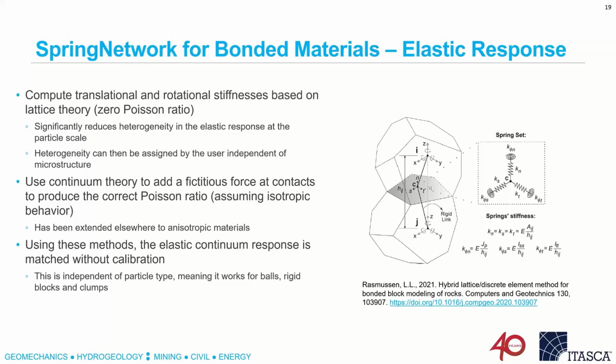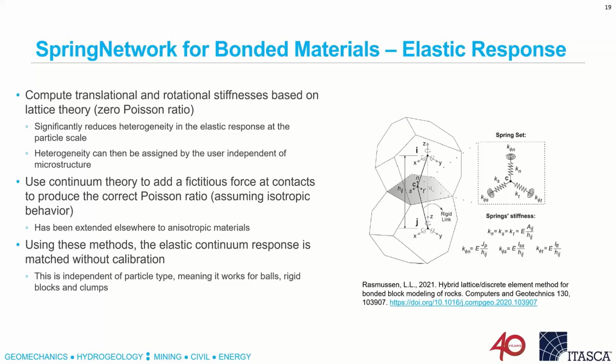Here is a figure from Leandro Rasmussen, who brought this model to our attention. It gives you a way, via lattice theory, to compute spring stiffnesses based on a zero Poisson ratio lattice. This is what really removes the heterogeneity at the particle scale.